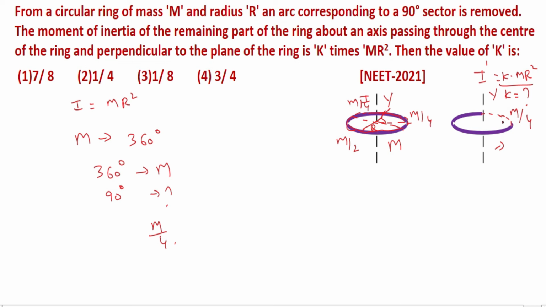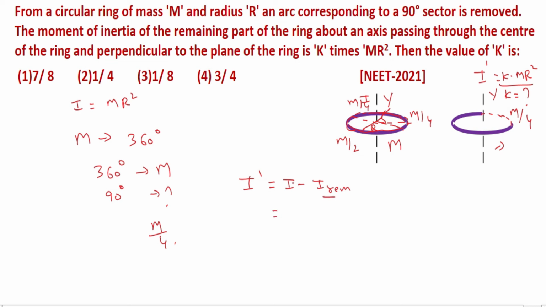Okay, so now you have to find your I dash, which is nothing but moment of inertia of the remaining disk with respect to your y-axis. Okay, this I dash can be written as I minus I removed, that is moment of inertia of the removed part.